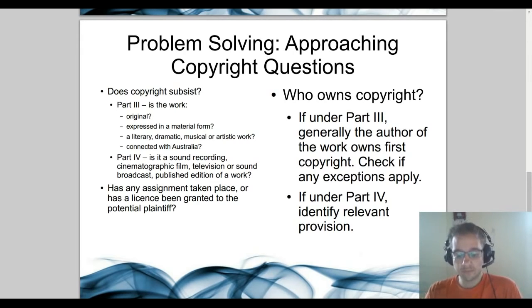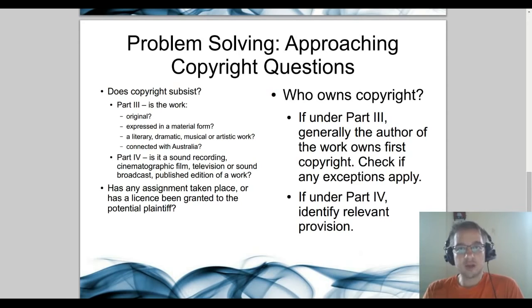For Part 4 works, we don't look at originality, but whether it is a sound recording, film, broadcast, or published edition that has an Australian connection. You need to then check whether any assignment has taken place or whether there's been a license that has been given. The next question is ownership.